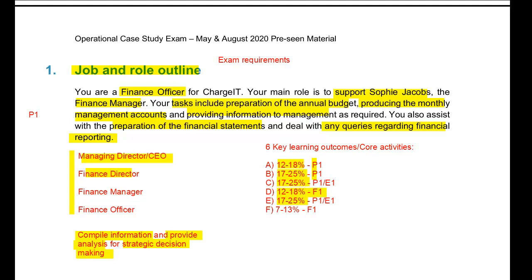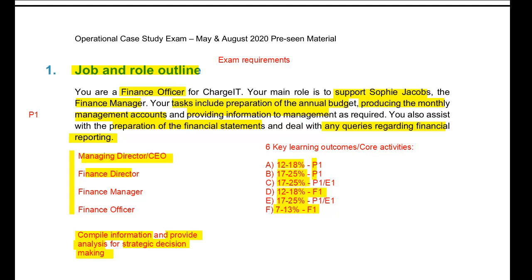The last of these 6 key learning outcomes then relates to another area of the F1 syllabus, which is in relation to the management of a company's working capital. So here we have a very specific key learning outcome on a very specific topic within the F1 syllabus.